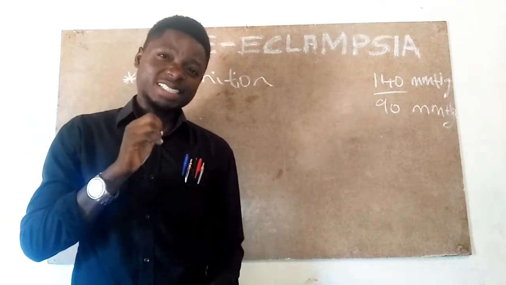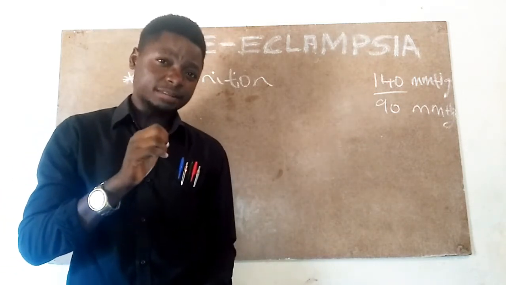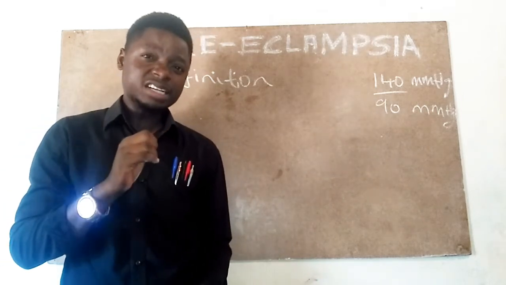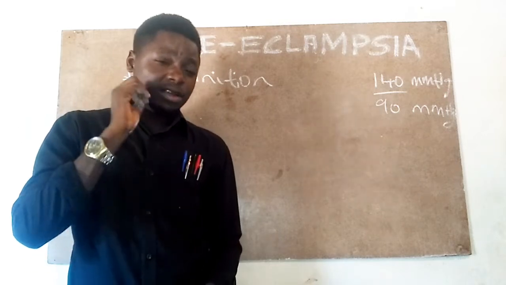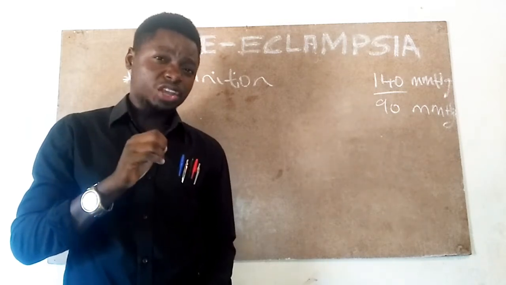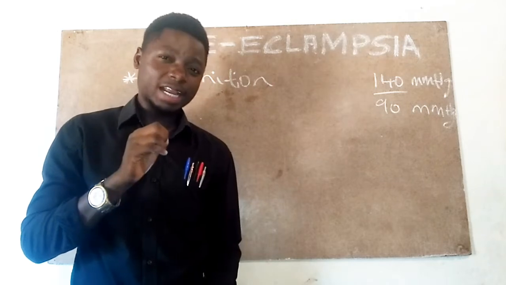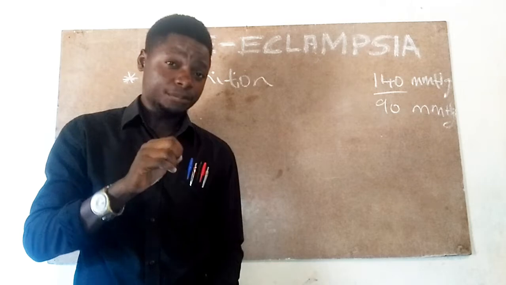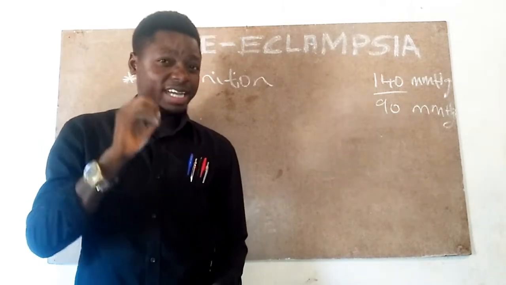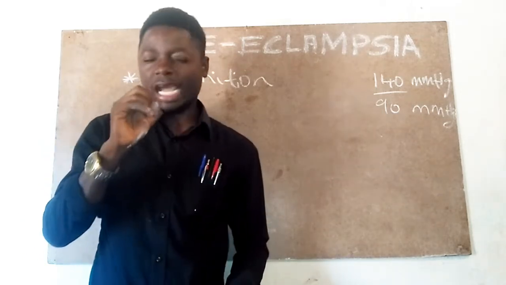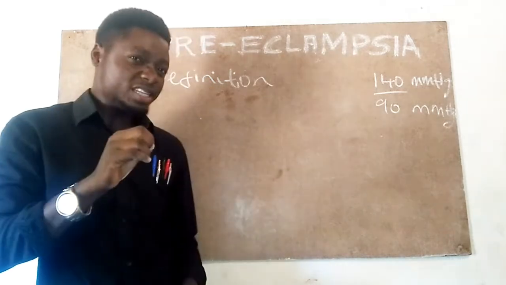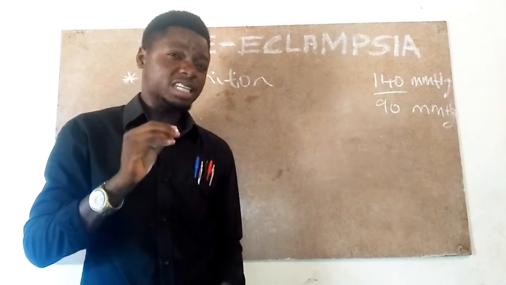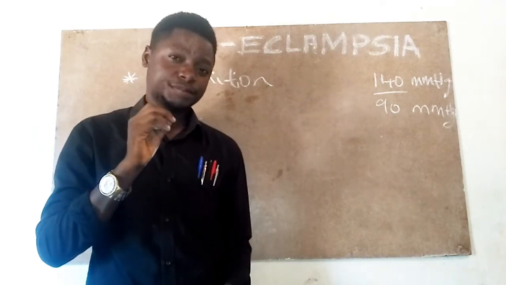This is a type of hypertensive disorder in pregnancy characterized by protein in urine and with elevated blood pressure of at least 140 millimeters of mercury being the systolic blood pressure and 90 millimeters of mercury being the diastolic blood pressure. And the diagnosis is going to be at least 6 hours apart in 24 hours. Then we have the definition for preeclampsia.